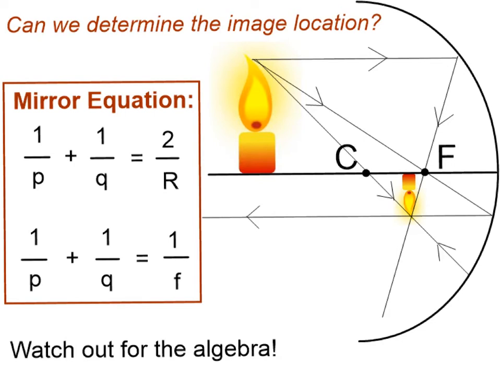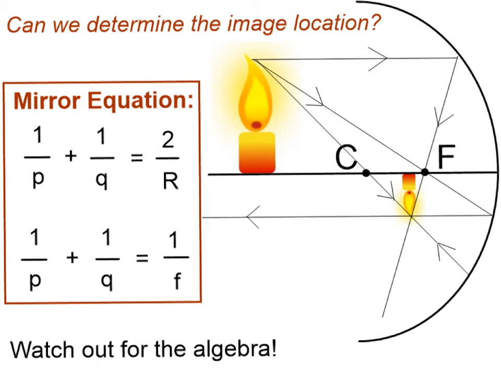Another way to write that, knowing the relationship between the radius of curvature and the focal length, can be 1 over p plus 1 over q equals 1 over f. So if you know how far your object is in front of your mirror, that would be p, then you could calculate q as long as you know either the radius of curvature or the focal length.